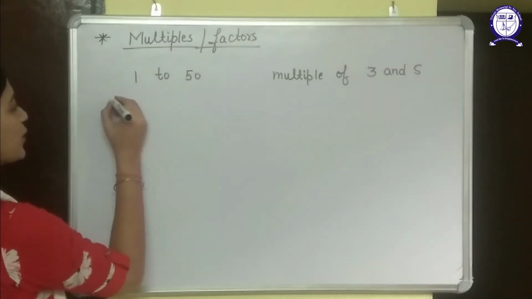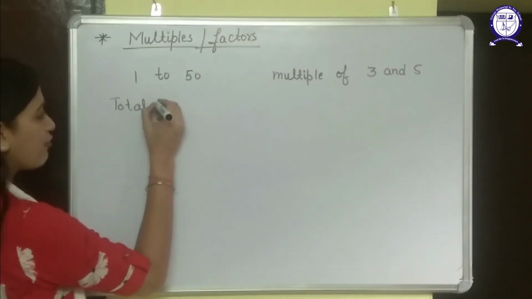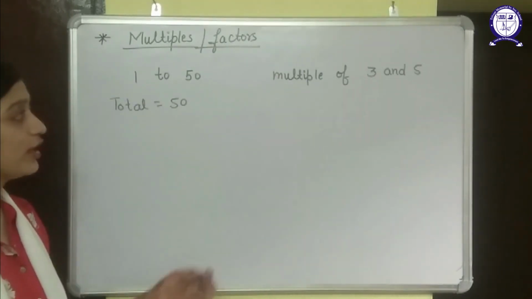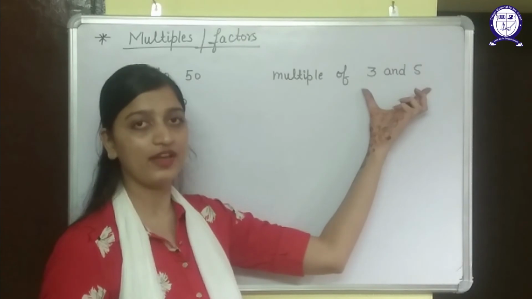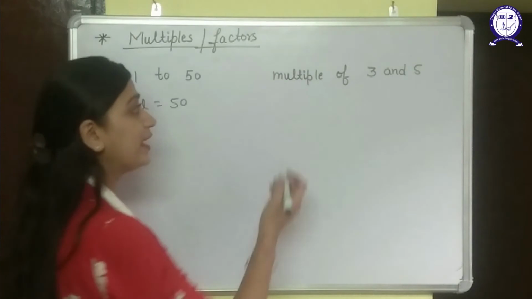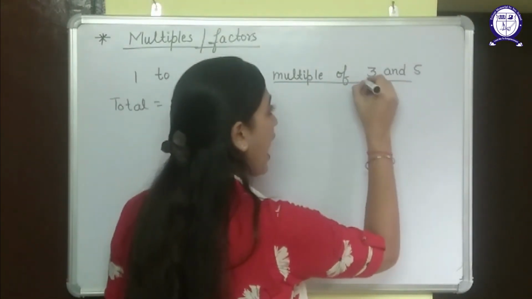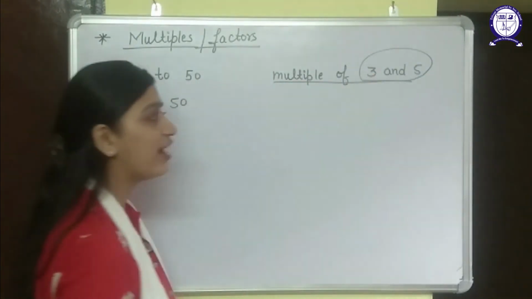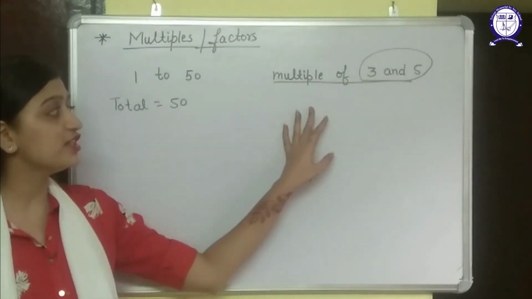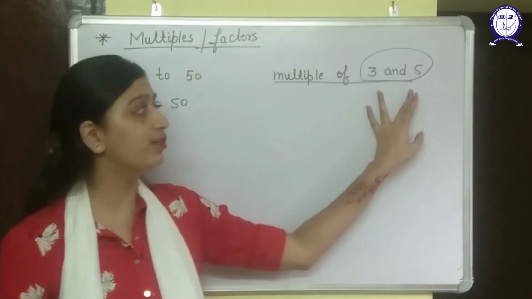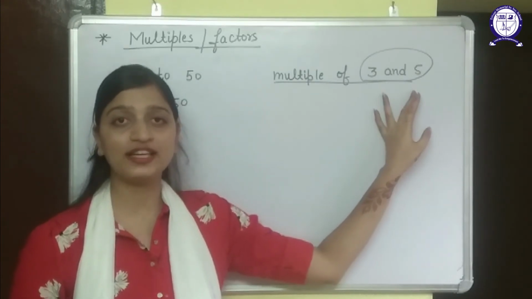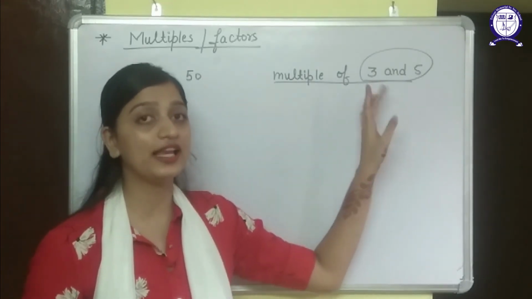Basically in this question the total is always 50 because there are 50 numbers from 1 to 50, but they are talking about multiples of 3 and 5, and it's very important to understand what they are saying. They are saying multiples of 3 and 5. 3 and 5 means the numbers which are divided by 3 and 5 both. All the numbers which are perfectly divided by 3 and 5 both collectively.